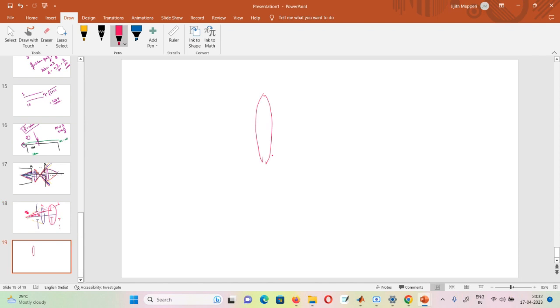So I'm saying this will be a system. It can contain multiple lenses and other things.